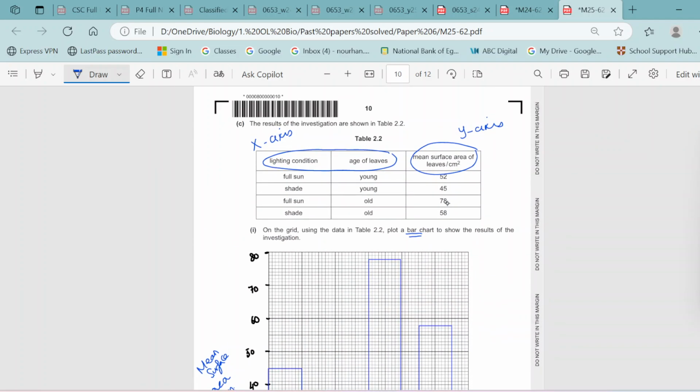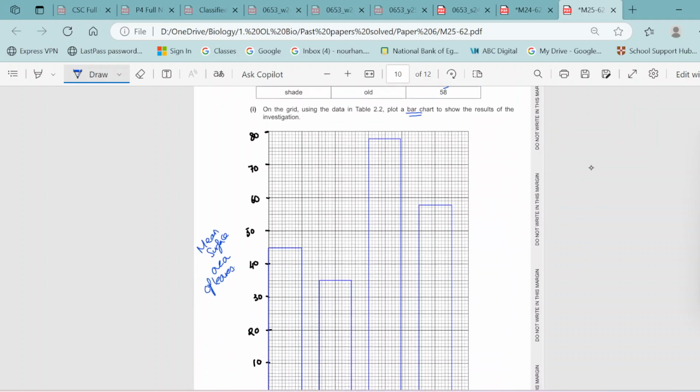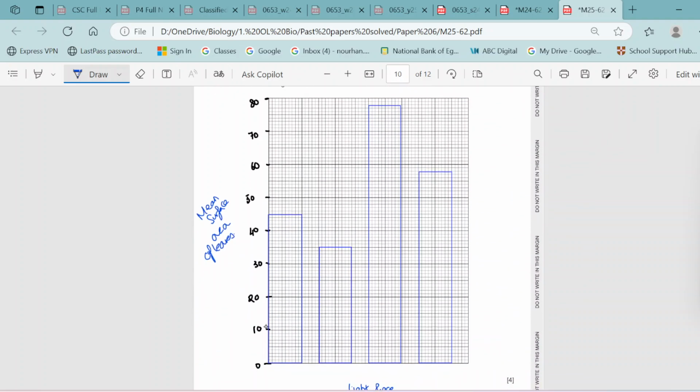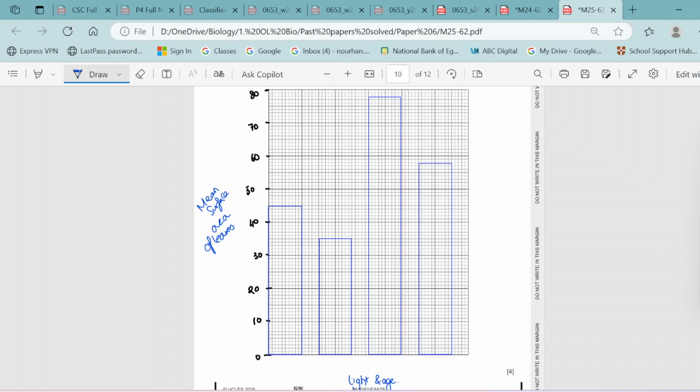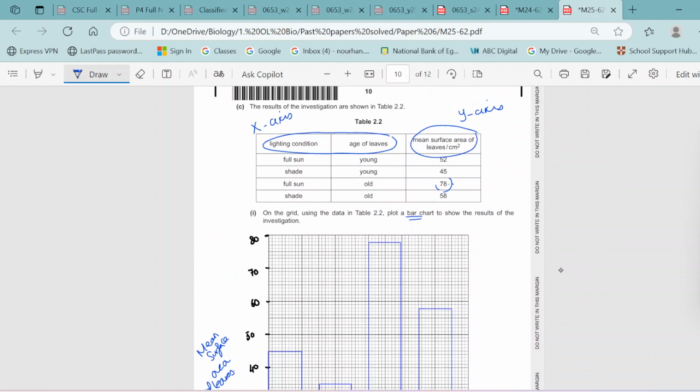I put my scale. The biggest number is 78 and I have 8 boxes. So I put it 0, 10, 20, 30, 40, till 80. I drew my bars. The bars are equal. They have to be wide to take a big space. Spaces are equal. How am I going to name my bars? Both names.